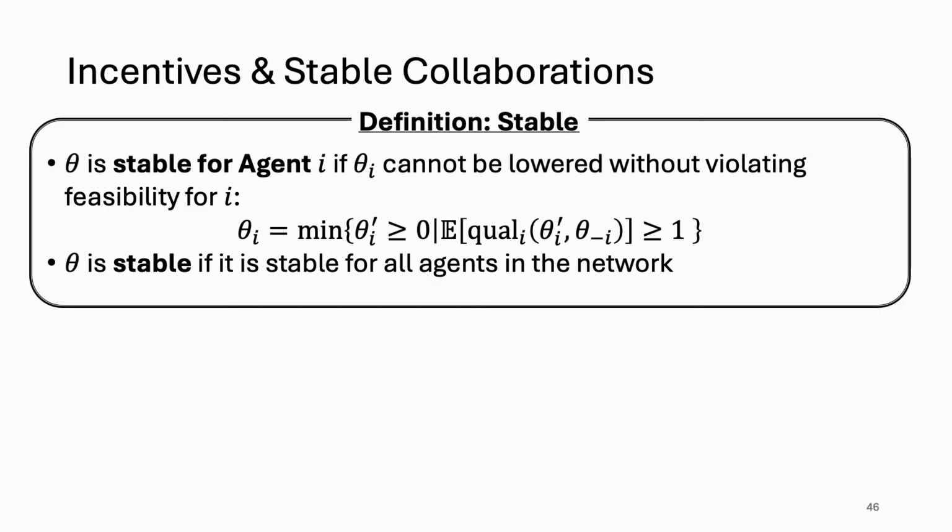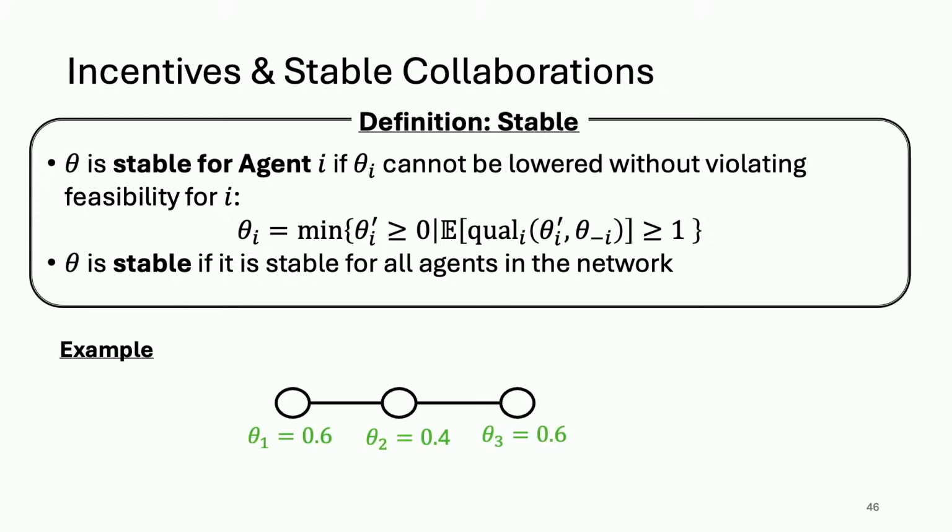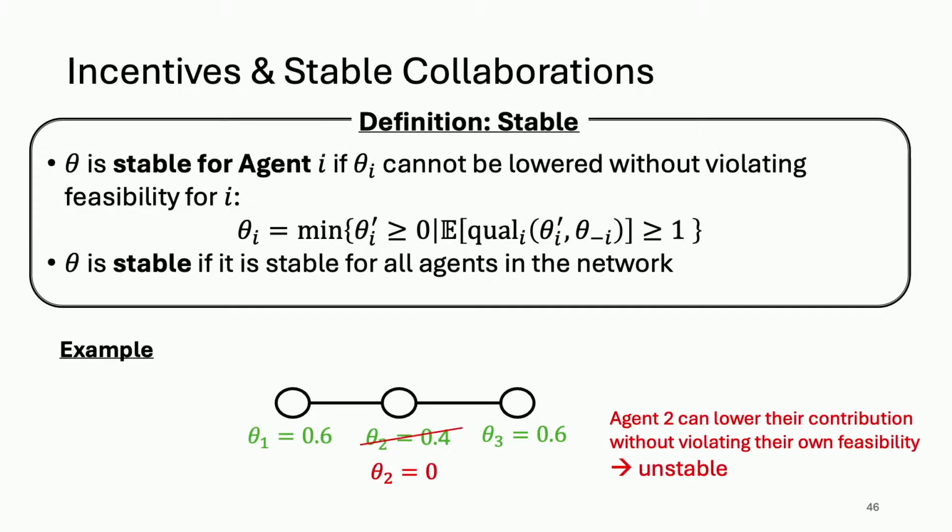And we say a solution theta is stable if it is stable for everyone in the network. Going back to this example, this is not a stable solution because agent 2 can lower their contribution without violating their own feasibility. So there are some stable solutions. Any idea about what the possible stable solutions are?